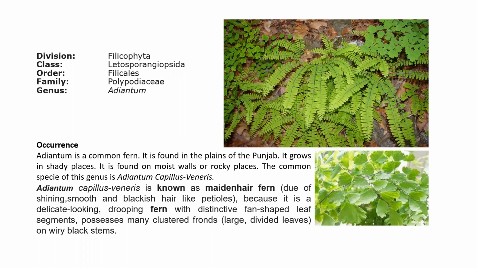Actually, in clusters, they are shown as black hair-like structures or fine long structures. That's why it is known as maidenhair fern. Maidenhair tree is the Ginkgo biloba. Maidenhair fern is the Adiantum.